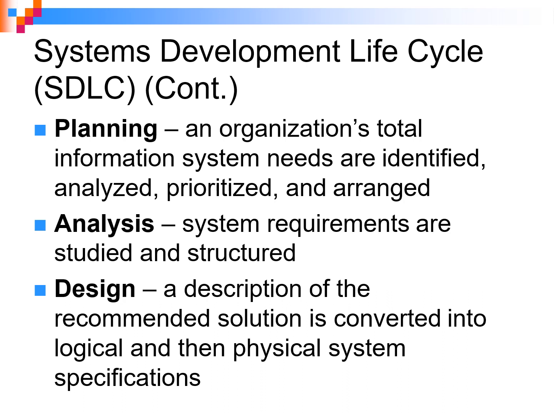Next is the third one, the design, where the description of the recommended solution is converted into logical and then physical system specifications. After analyzing, you're going to have a design of the physical system. Here you're going to identify the specification of the system.